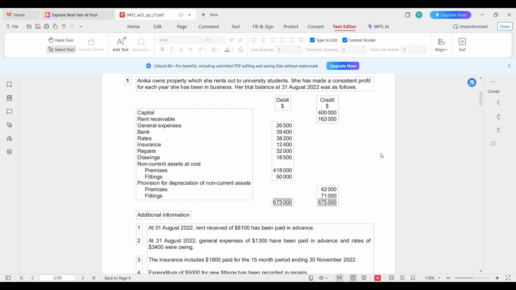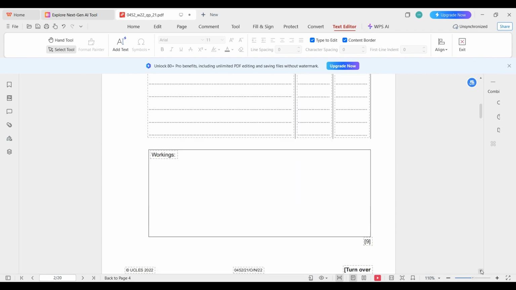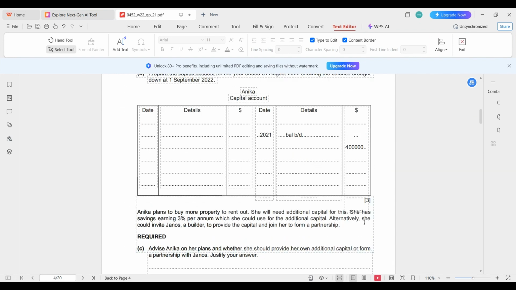And we know that we got profit from the income statement that we just did, 38,100. We're going to put it again on the credit side. So we come down here, then we say profit for the year, isn't it? How much was it?